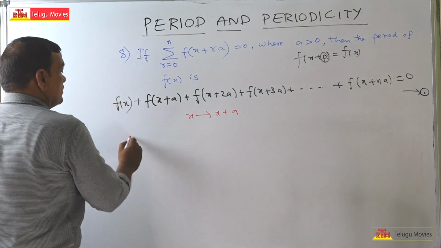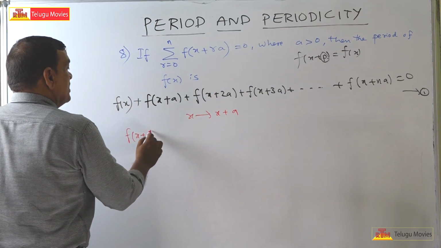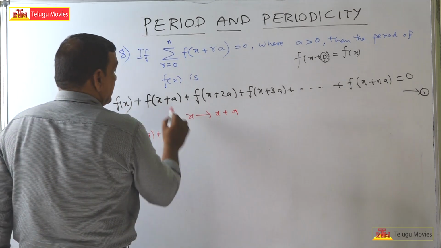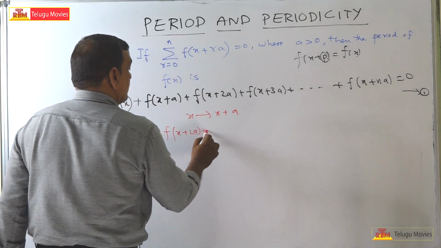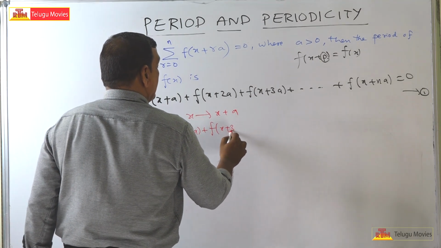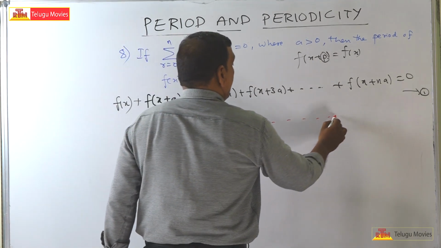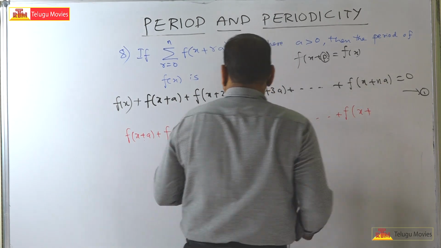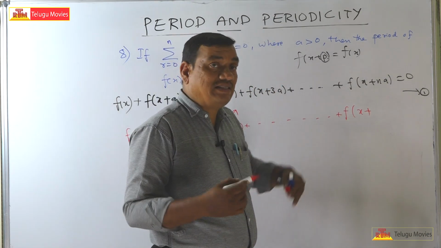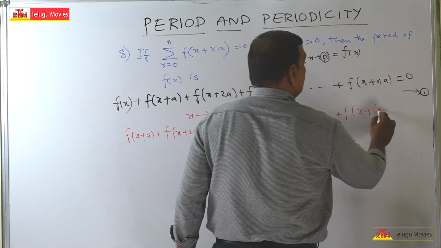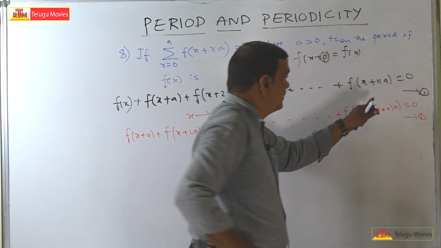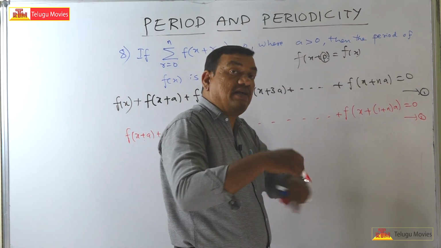So now the new function is f of x plus a, wherever x is there, I am substituting x plus a. Then f of x plus 2a, f of x plus 3a, and so on, up to f of x plus, in place of x substituting x plus a, that means na plus a, that is 0.